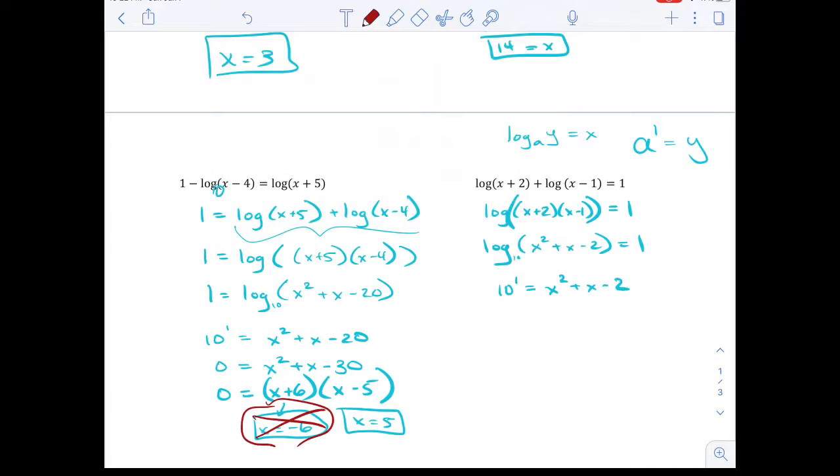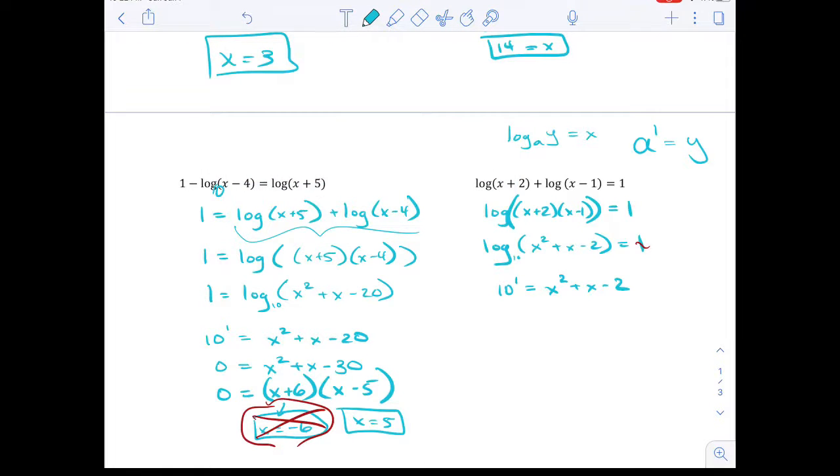Right, so just a quick overview. This is my a, 10. That's where I got a here. This is my x, that's my exponent. That's why it's up top here. And all of this is our y, that's our argument. That's why it's all on the right side. So that's our new equation.